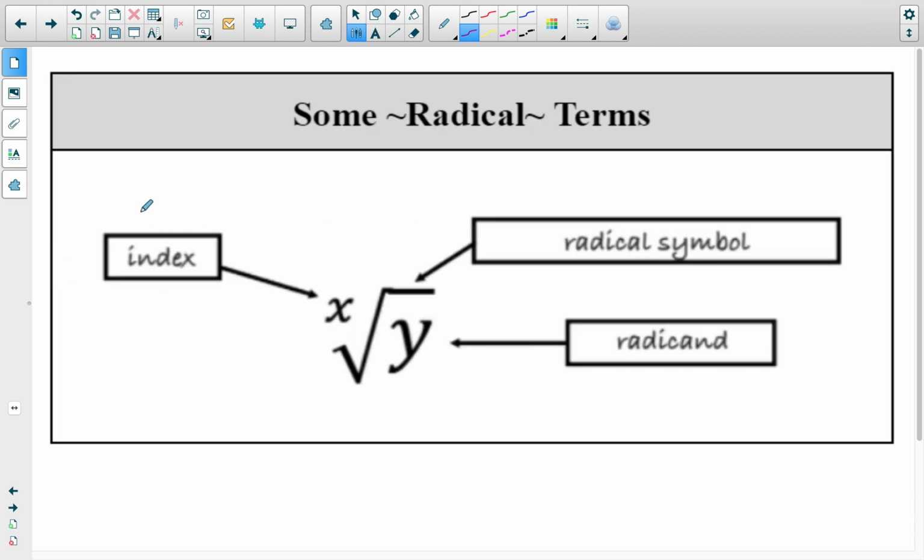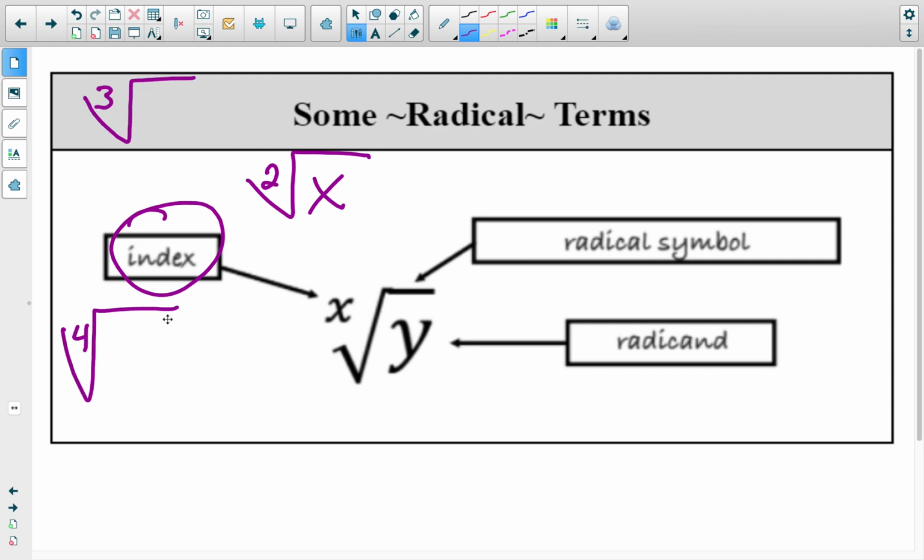Some radical terms. Index, all right, is the number that we are taking the root of. So normally with a square root, we're taking the square root of a number. A lot of times we don't write that too, so if there's no number outside, just assume you're taking the square root, versus if we're taking a cubed root, we write a 3.